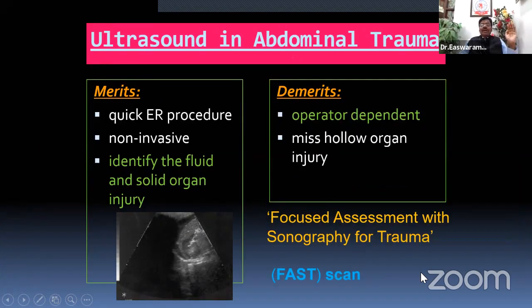That is called, as all of you know, the FAST scan, focused assessment with sonography for trauma. So we see, importantly, focused. Even an emergency physician should know how to do a FAST scan.